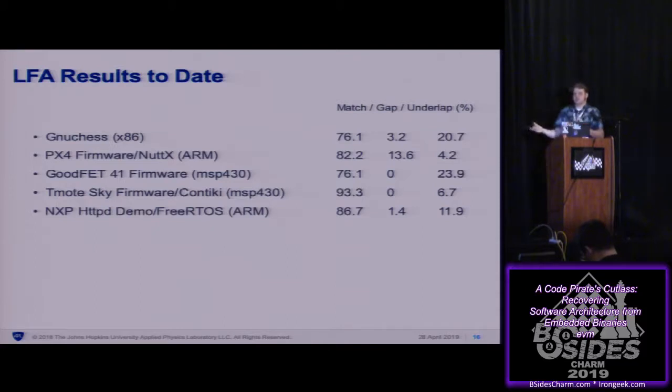This tends to link those functions up with the previous file, especially because they're usually at the top of the file and they're not directly called by things in the file. That's why GoodFet has those and GNU Chess has those. GNU Chess is C++, and that's what makes a low score. So probably the takeaway from that was maybe we want to factor in global data references as a follow-on score.